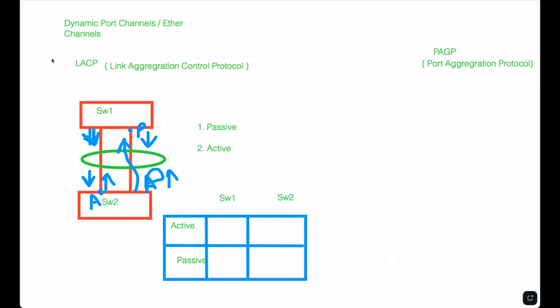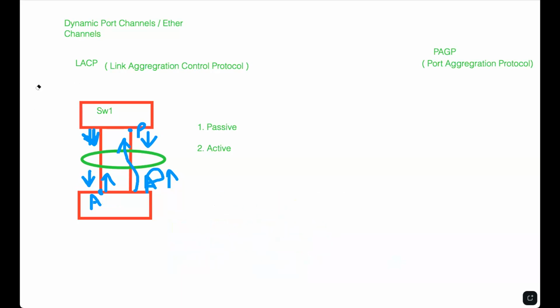If switch 1 is active and switch 2 is active, the port channel will form. Okay, so this will not work. Hold on, guys. Let me adjust this. Switch 1.